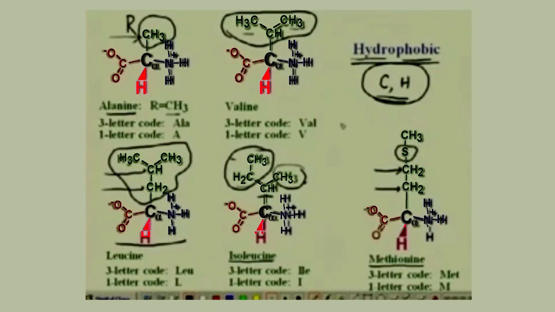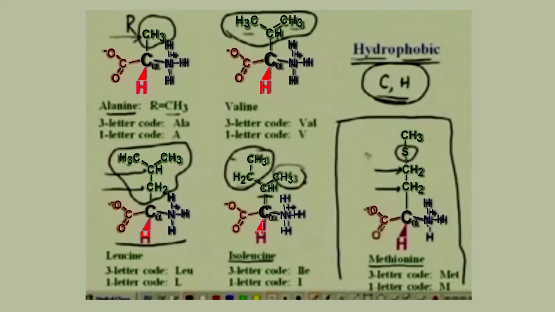Methionine, along with another amino acid which we will consider in a moment, cysteine, are the two sulfur containing amino acids, and they could be grouped together in a group of their own, or they could be considered in this group as well.